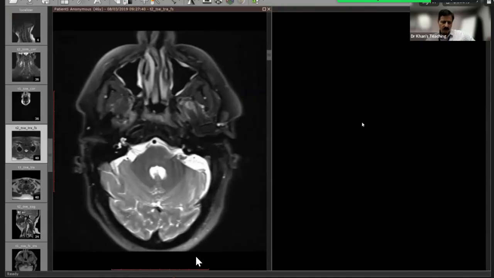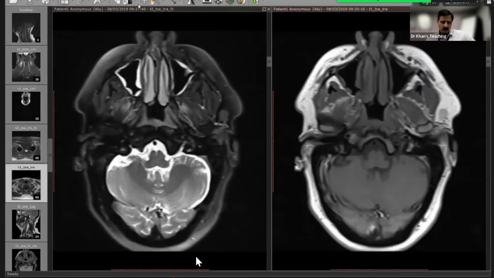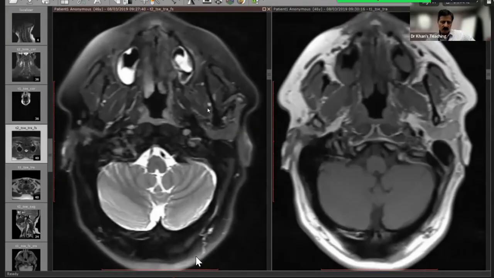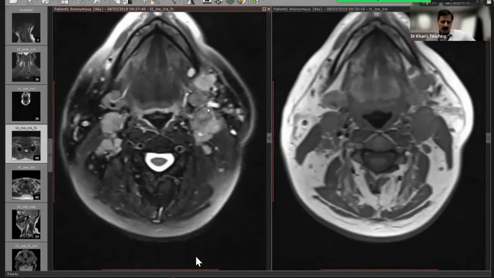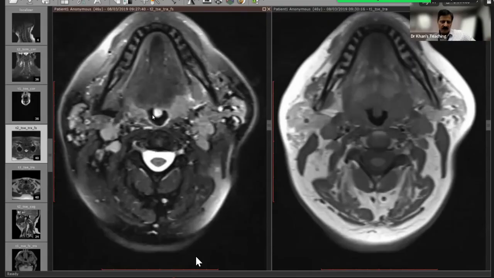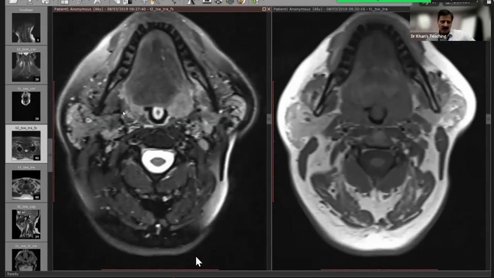Carcinoma. If you see here, right and left, this is the palatine tonsil on the right side. This is on the left side. Can you ask for the mouse and tell me where the tumor is going locally?